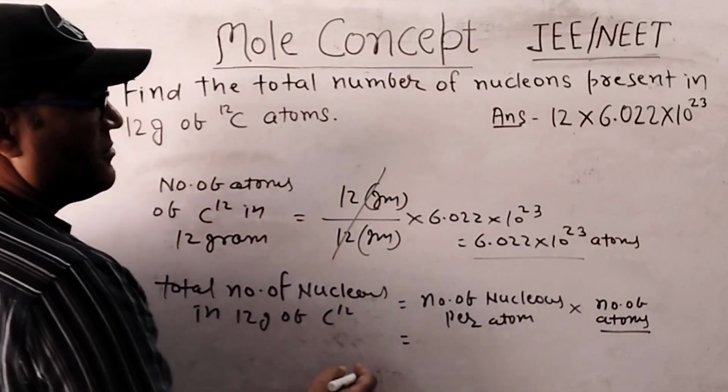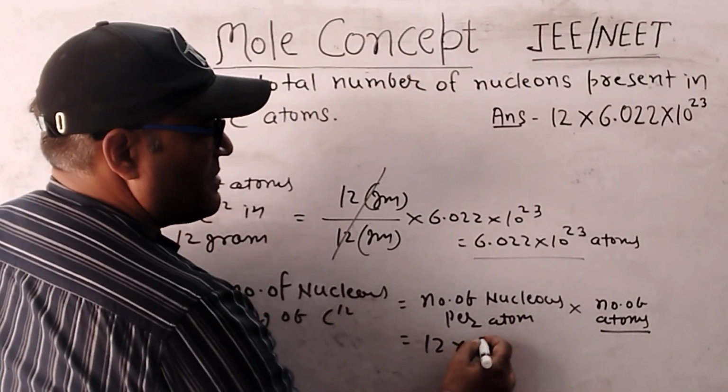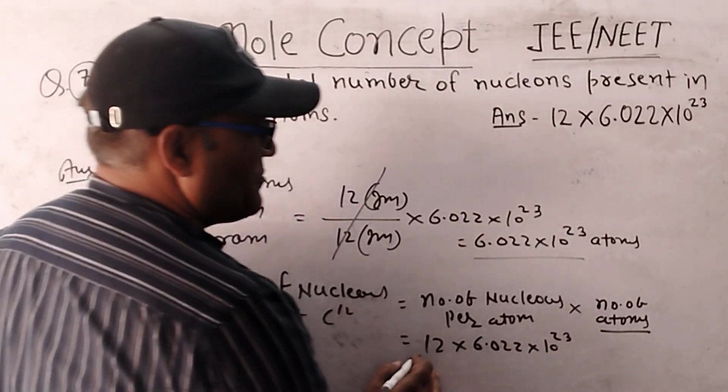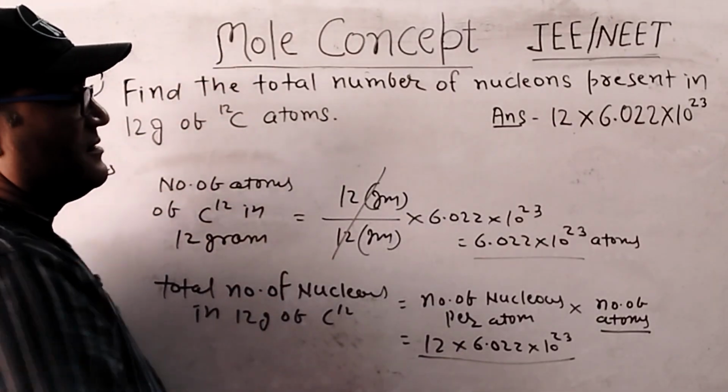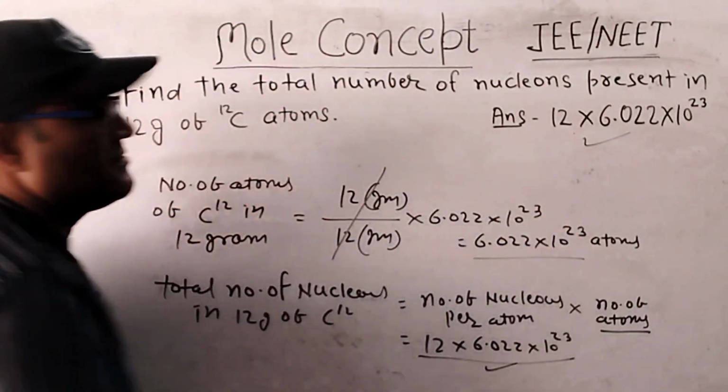The number of nucleons is equal to mass number 12. So 12 multiplied by the number of atoms, 6.022 into 10 to the power 23. So we can calculate, otherwise this is the answer. So you can take a screenshot.